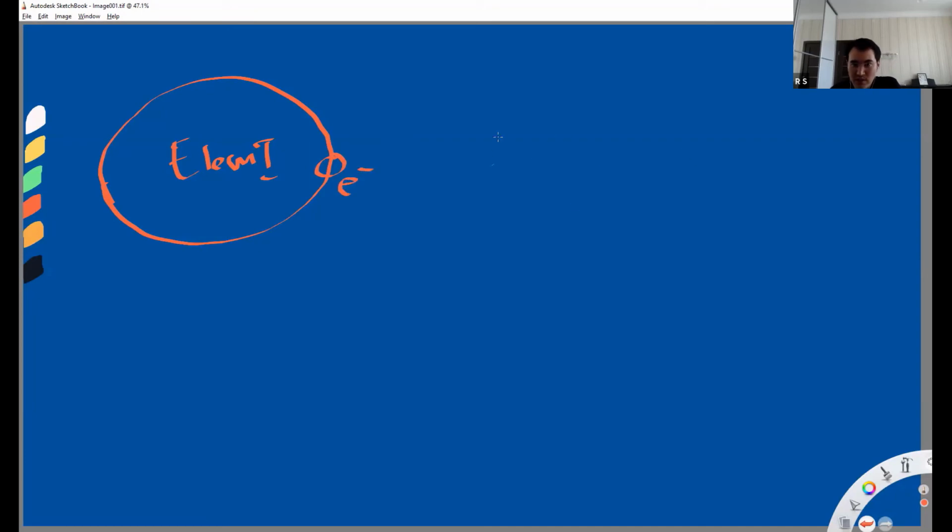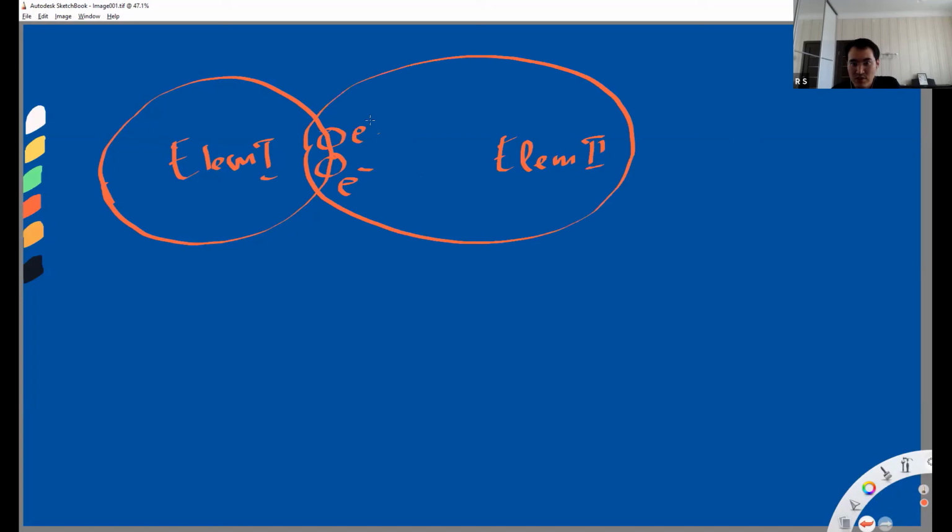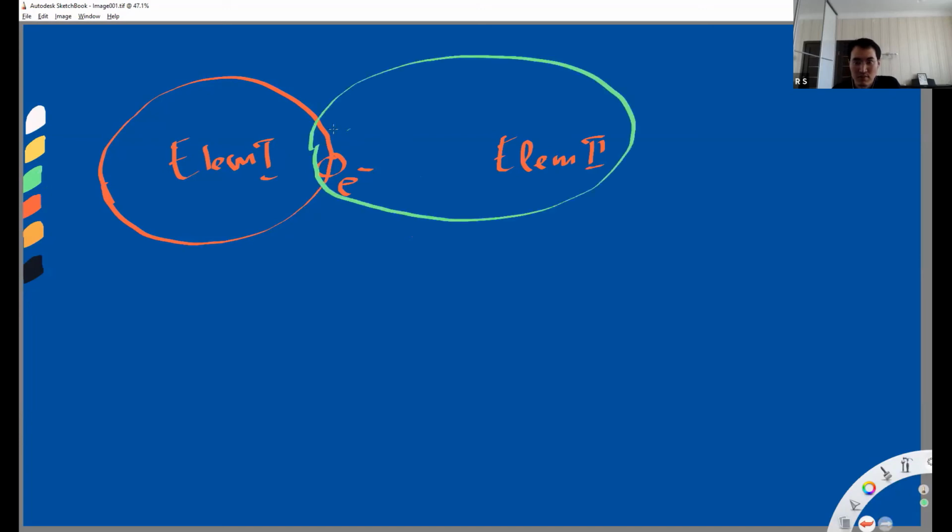It starts pairing with the element 2 that can accept this electron and form a pair with it. Whenever we have these paired electrons, we speak of the covalent bond.